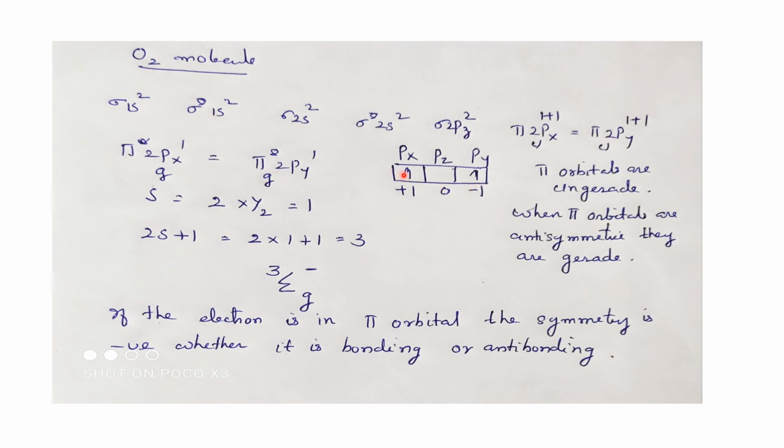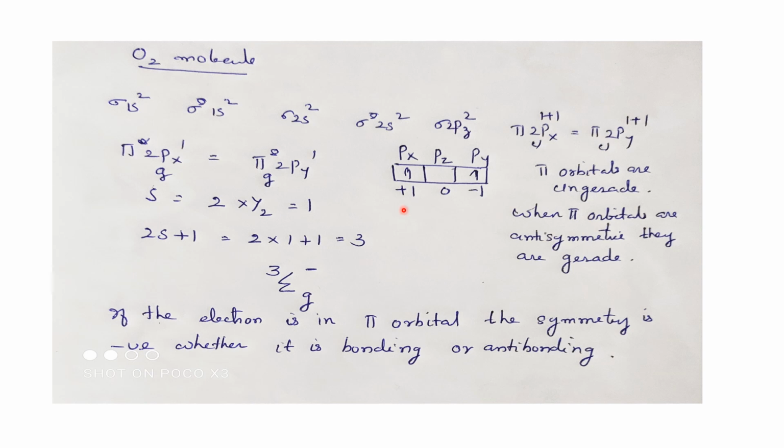Px orbital contains 1 electron, py orbital also contains 1 electron. Therefore, the value of lambda is equal to plus 1 into 1 plus minus 1 into 1, that is 1 plus minus 1 equal to 0.